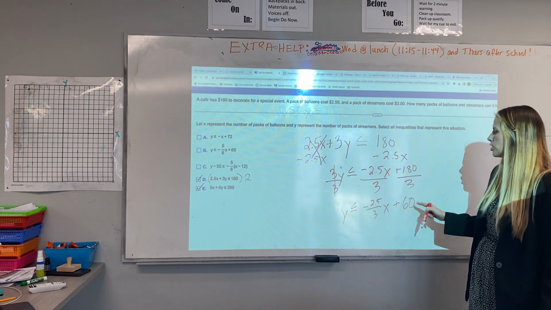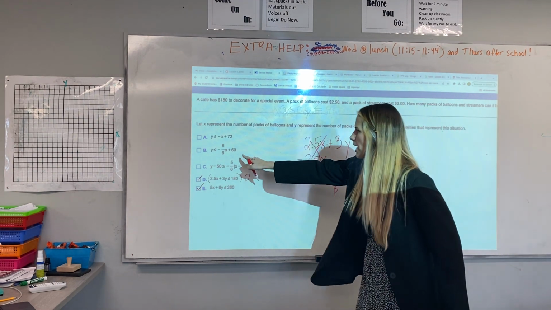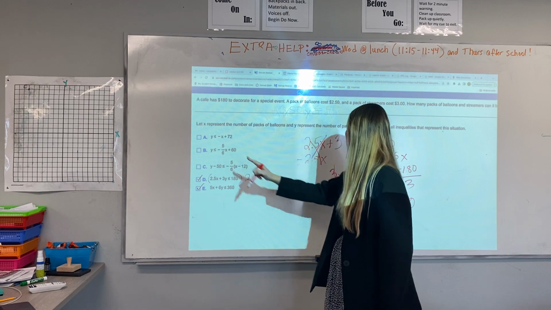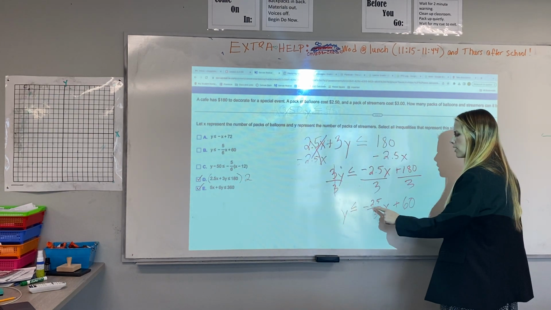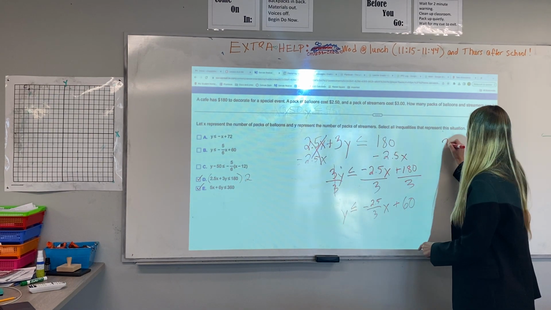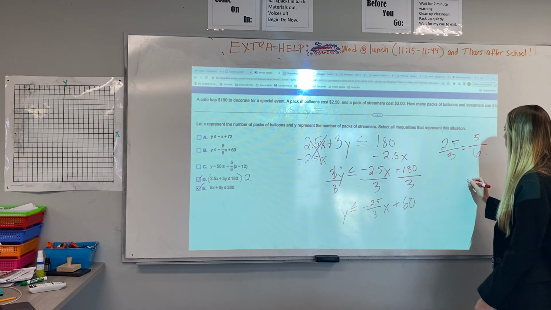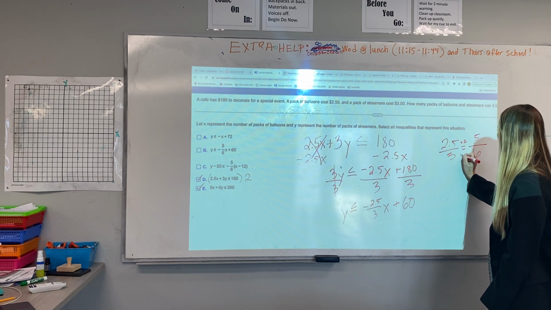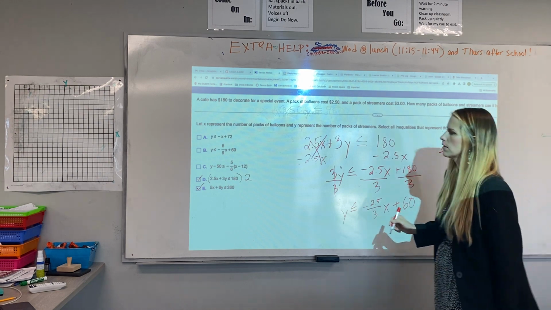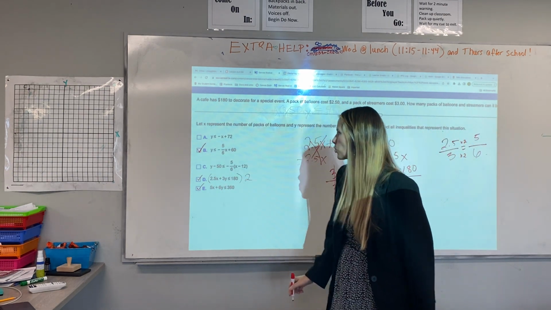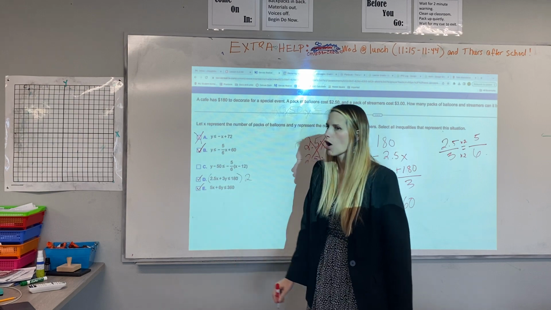That is correct. She's noticing, well, this is the same y-intercept. Let's check out these slopes. We have a negative 5 over 6, and a negative 2.5 over 3. 2.5 over 3 is the same thing as 5 over 6, times 2 over 2. It's the same thing. Good explanation. So that's also correct, which means this one is wrong.